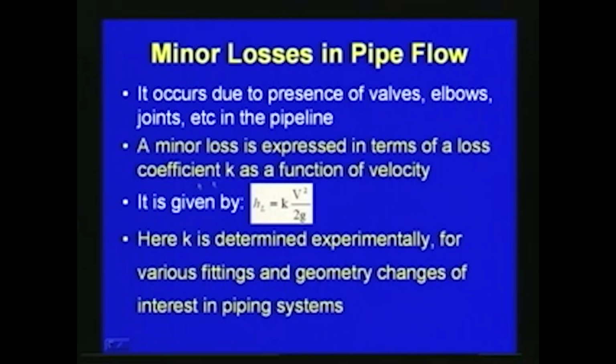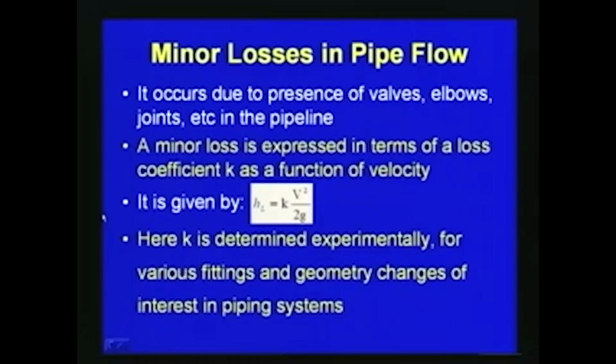Like the major loss we have already seen, in the minor loss also we represent the loss in terms of velocity multiplied by a coefficient K. Generally HL, the head loss for minor loss, is equal to K into V square by 2G, where V is the average velocity, K is the coefficient for minor loss, and G is the acceleration due to gravity. K is determined experimentally for various fittings and geometry changes of interest in piping systems.